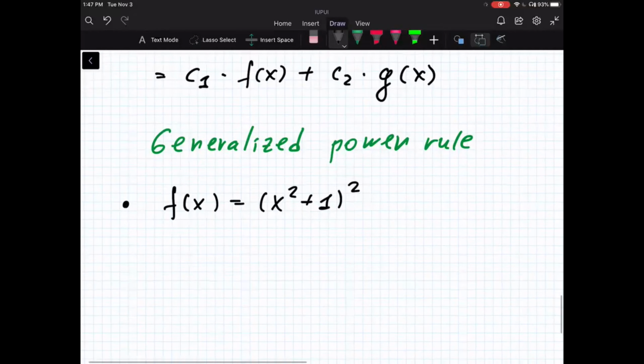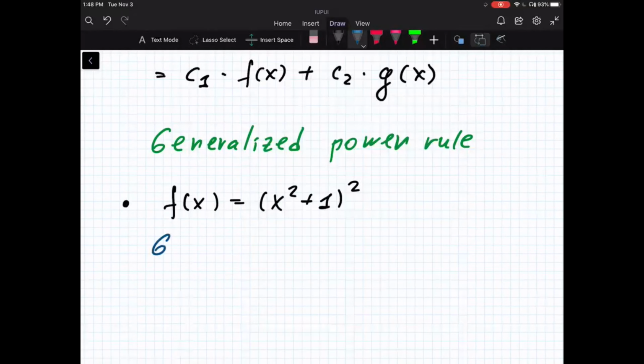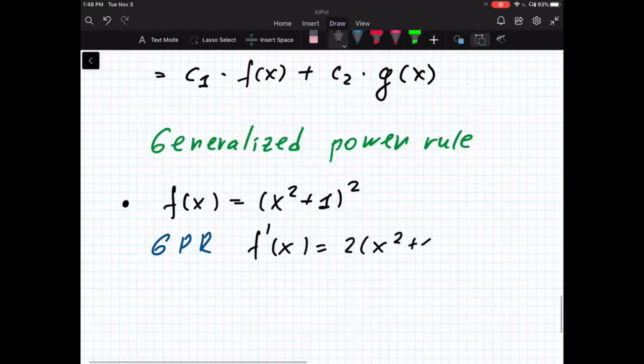Then using the generalized power rule, the derivative of this function: I differentiate the second power, that gives me this, times the derivative of the function which is inside.